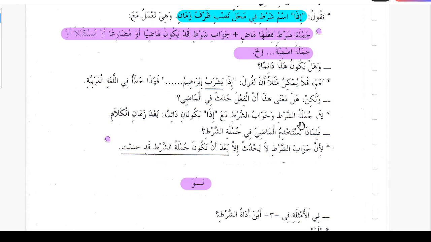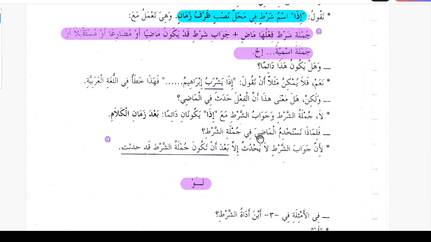So the jumla shartiya and the jawab shart after iza, they are always ba'da zaman al kalam, means after the time of the speech, which means they are happening in the future. After the statement is made, they're going to come after, ba'da zaman al kalam.